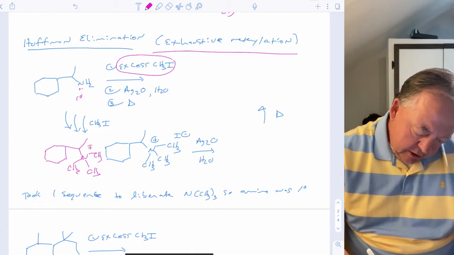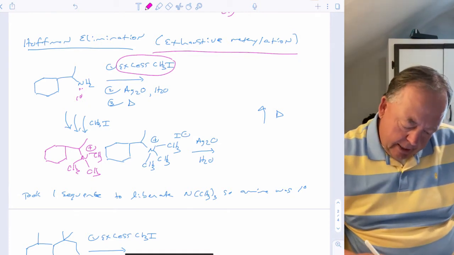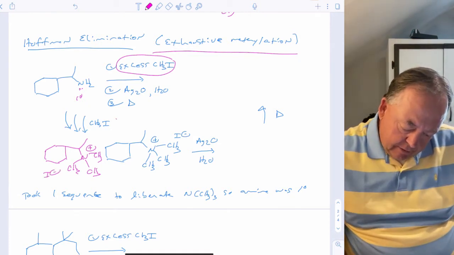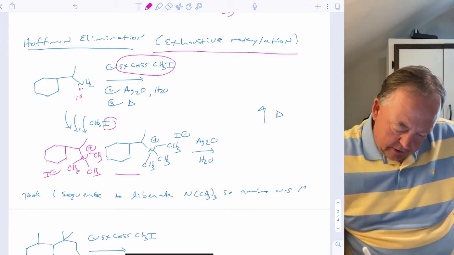So now nitrogen has 4 bonds, so it's positively charged, and the counter ion would be I minus, coming from the methyl iodide. Okay, so that would make this.